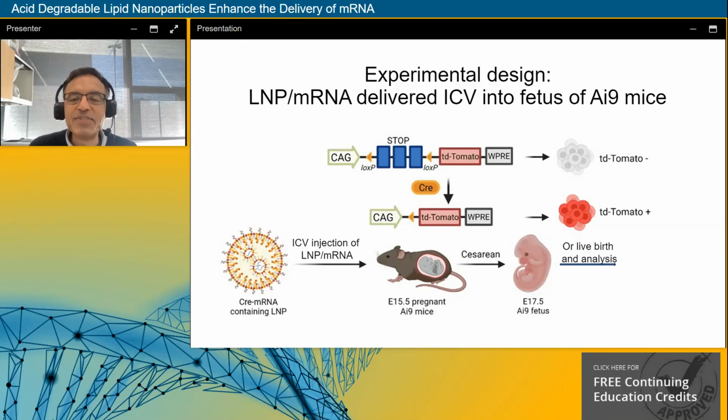This is done in the fetus of Ai9 mice, and we then looked to see what the toxicity of these LNPs was, compared them to standard LNPs, and then we also did a series of investigations to determine what cell types were transfected and how efficient it was.